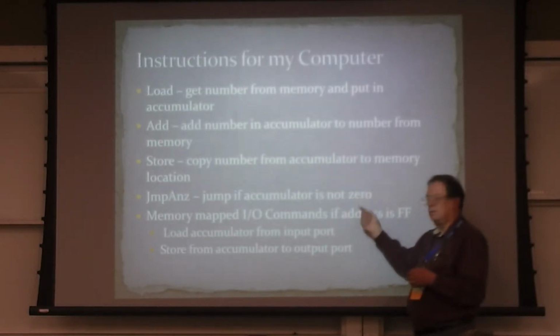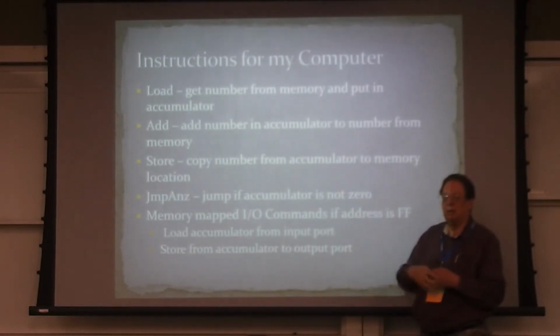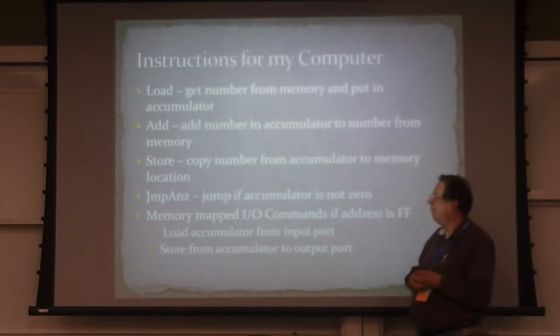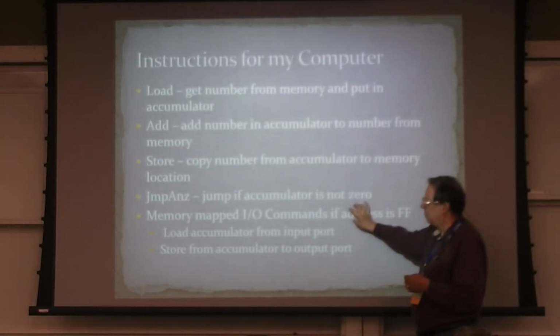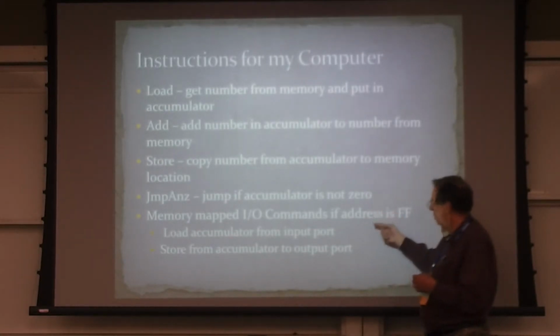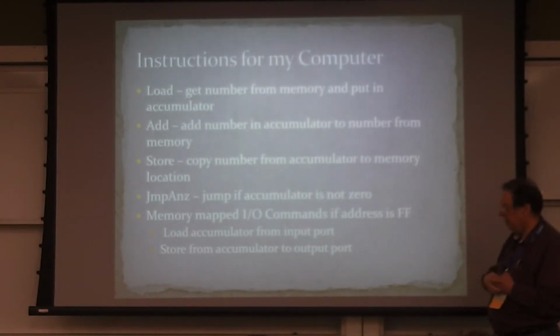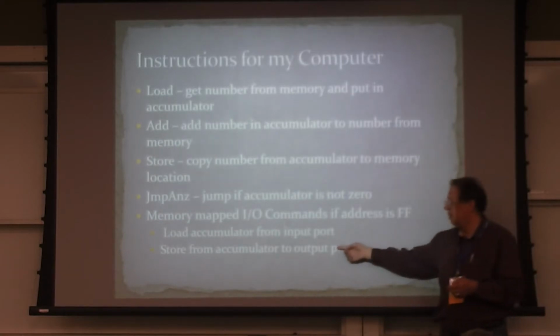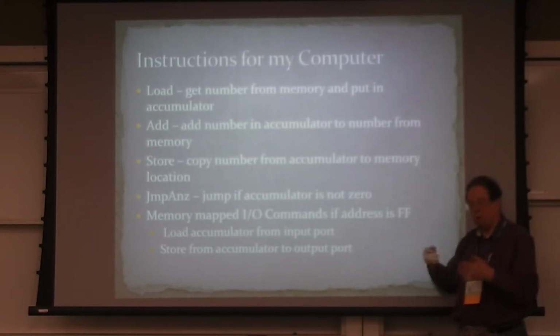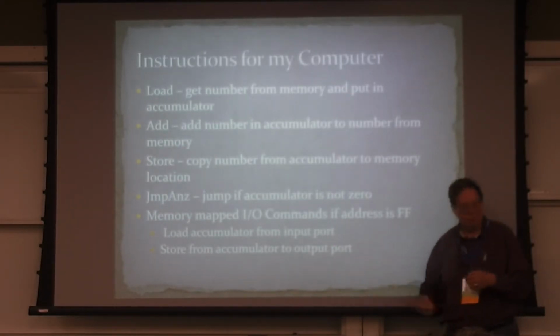If the accumulator isn't 0, then we jump to the address that we give with the instruction. Okay? And then I've memory mapped 2 I/O commands. If I say load with the highest address, 8 ones, it will load from the keyboard. If I say store to address FF, all ones, it will store to the output port.